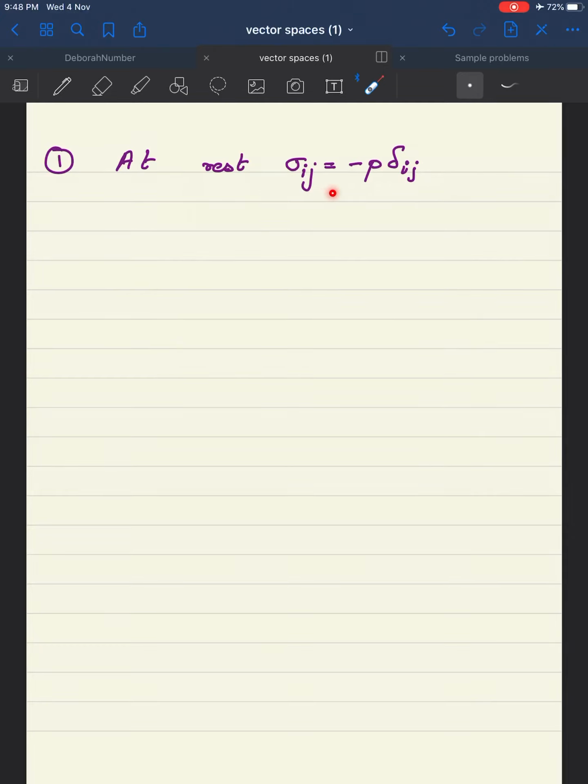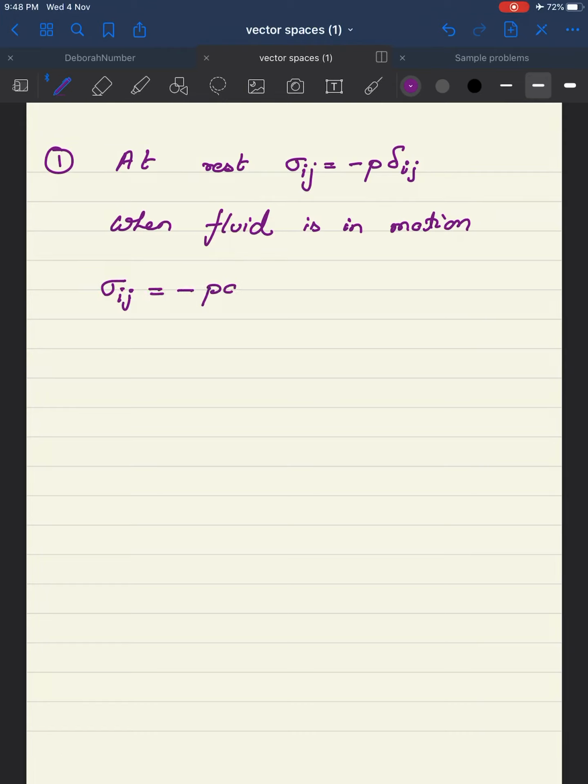So, at rest this holds true, which means that when the fluid is in motion, we can break up the stress here as minus p delta ij plus another component which is solely due to the flow part. Okay.